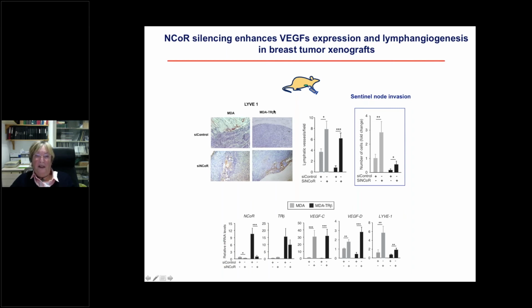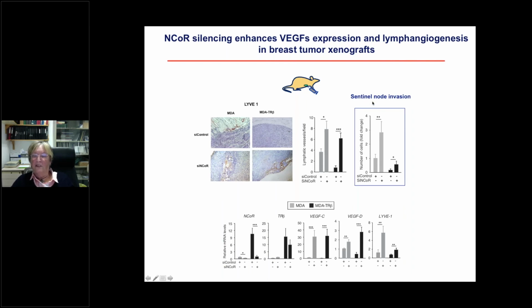We could observe that in the TR-beta expressing tumors, the formation of lymphatic vessels was very strongly reduced. However, when we knock down NCOR, the vessels reappear. You see here that there's a strong increase in the number of lymphatic vessels.